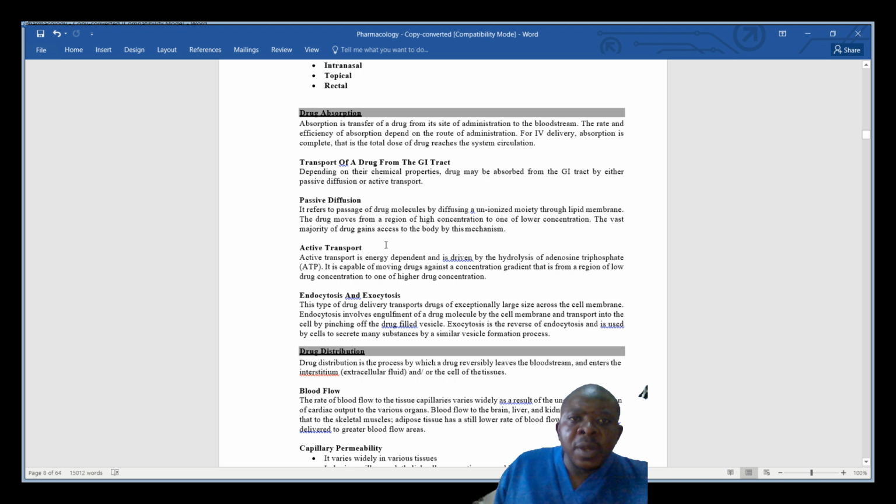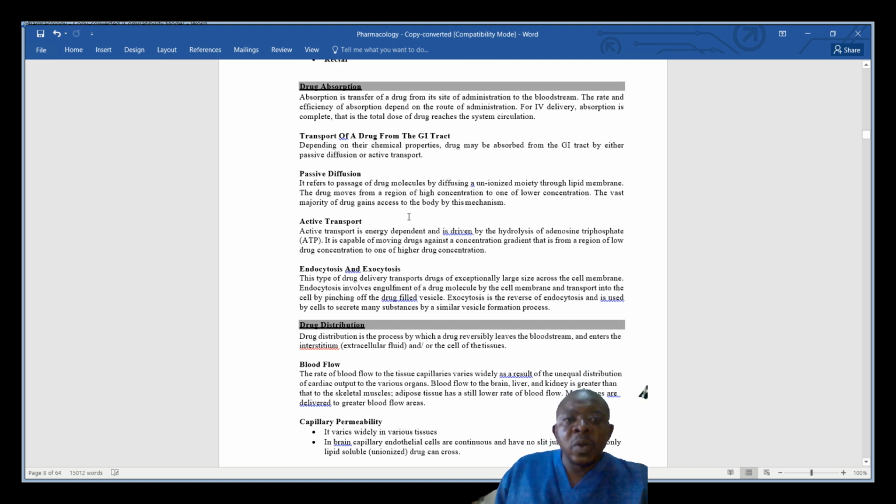The vast majority of drugs gain access to the body by this mechanism, so most drugs are absorbed by passive diffusion. In passive diffusion, the drug moves from a higher concentration to a lower concentration, and a vast majority of drugs gain access to the body by this process.